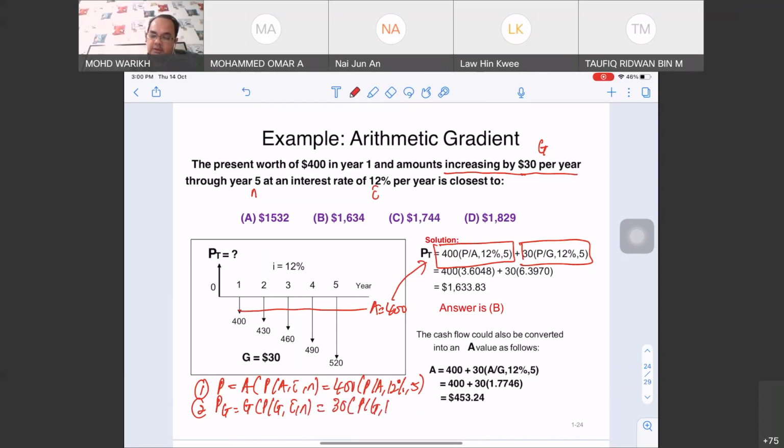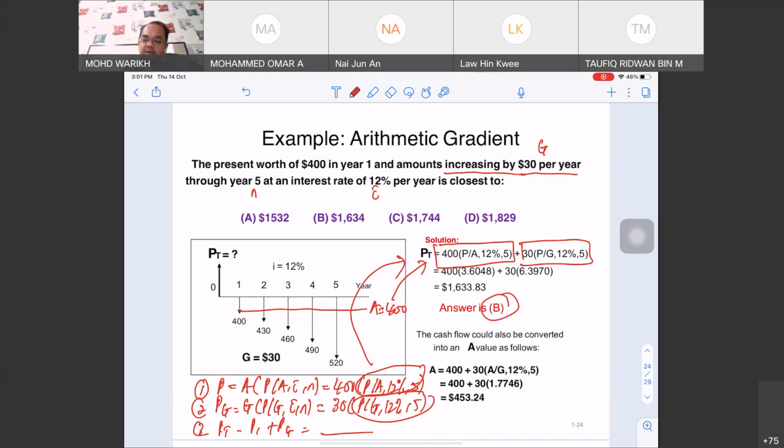G, 12%, 5. Just refer to the table and we get the numbers. And the last one is P plus PG. So we get the numbers, same as this one. So the answer is B.